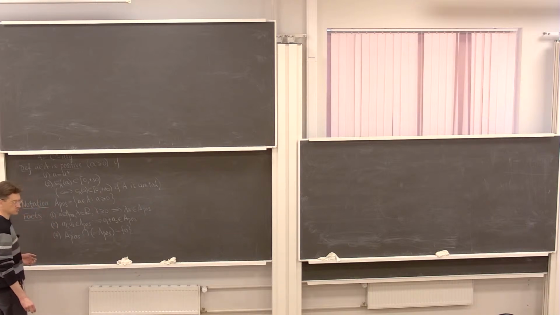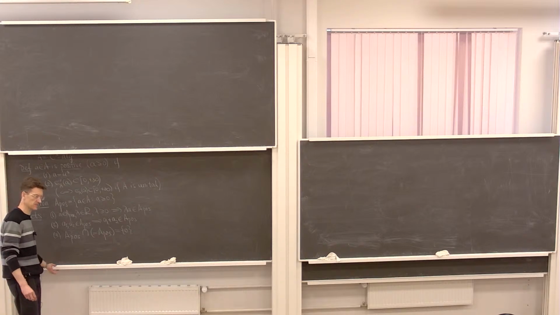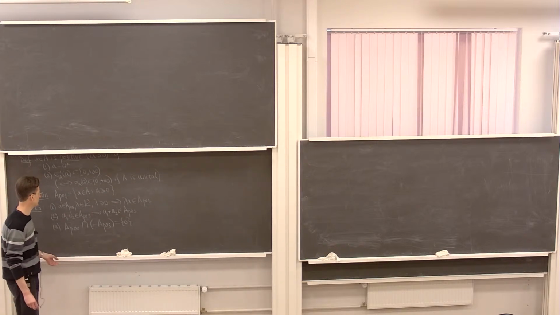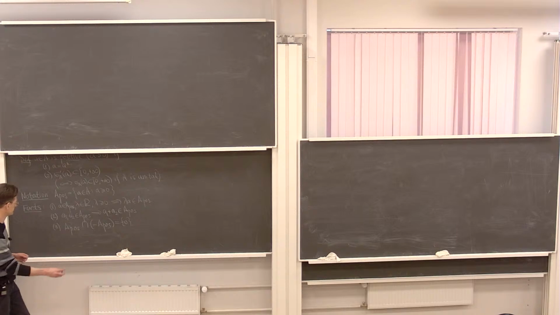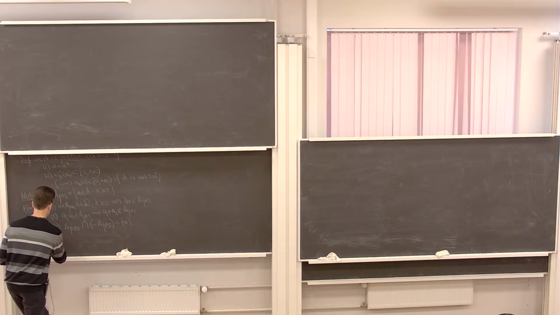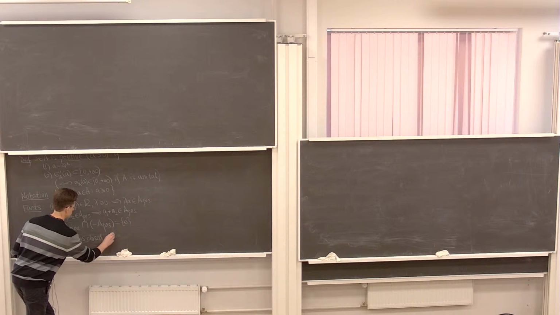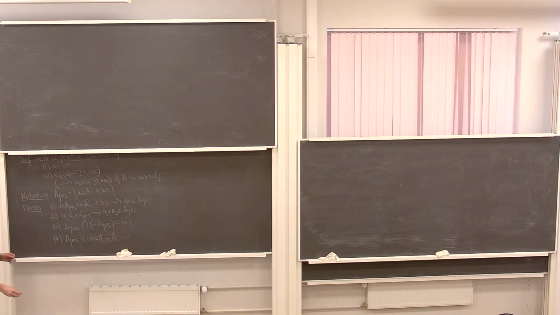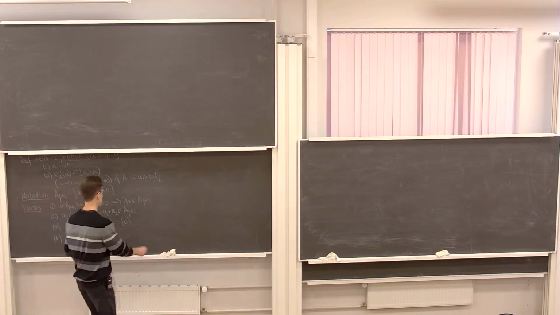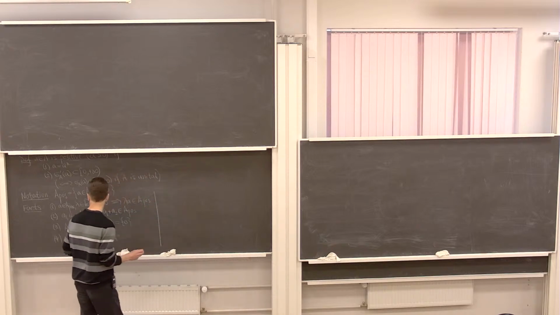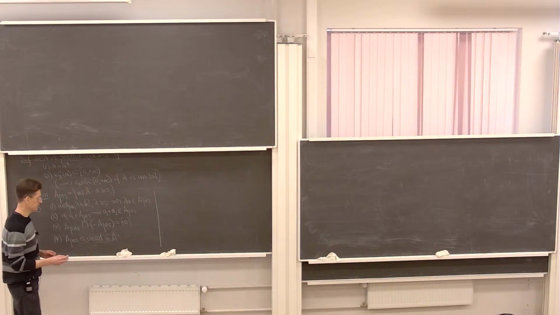So these properties together actually mean that the set of positive elements is a cone, a convex cone in A. Moreover, this cone is closed. We proved that the set of all positive elements is closed in A. We have also discussed square roots.